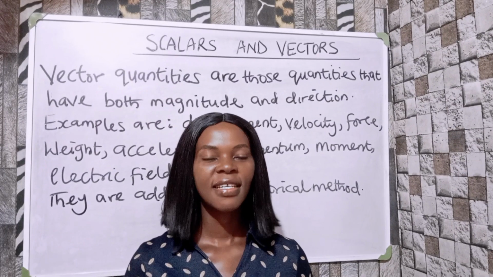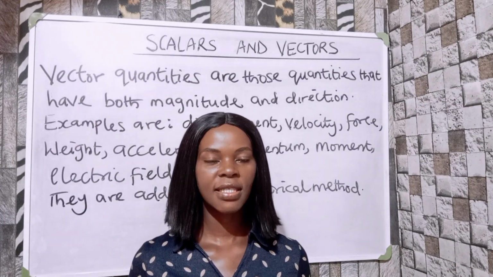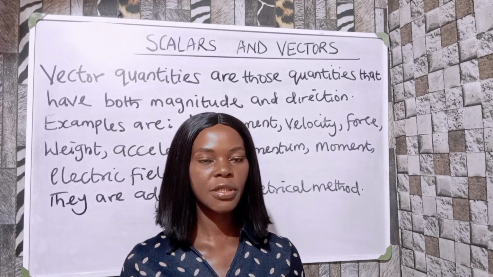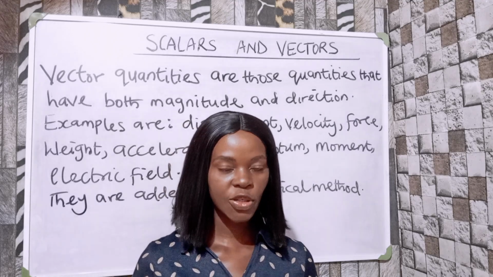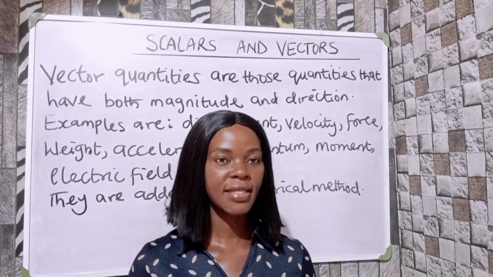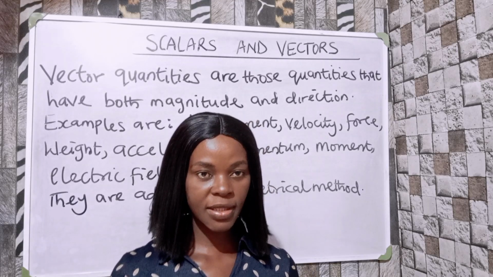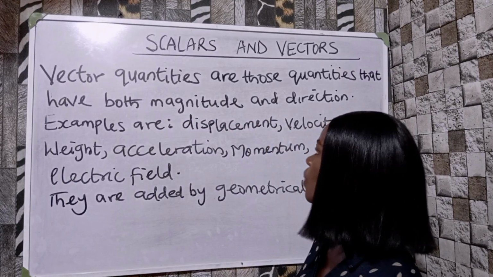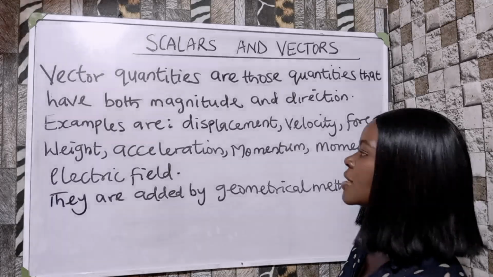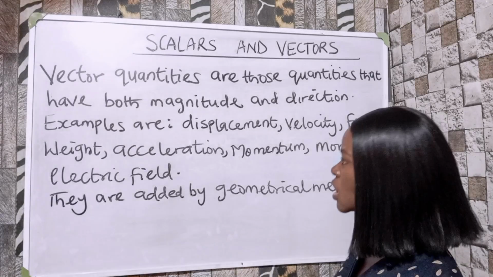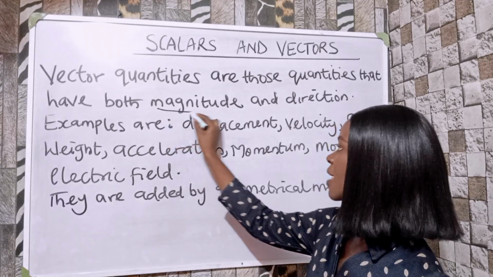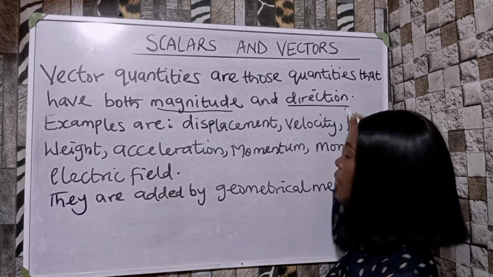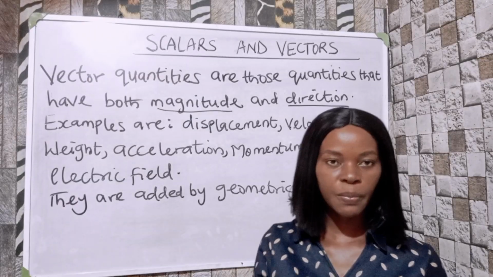So let us look at vector quantities. Vector quantities are those quantities that have both magnitude or size and direction. Vector quantities are those quantities that have both magnitude and direction. I will underline magnitude and direction because they are very important.